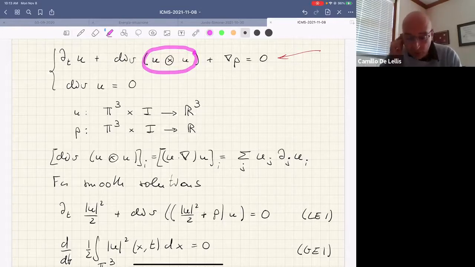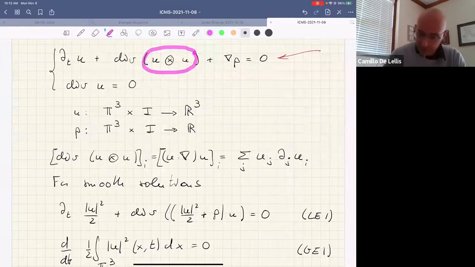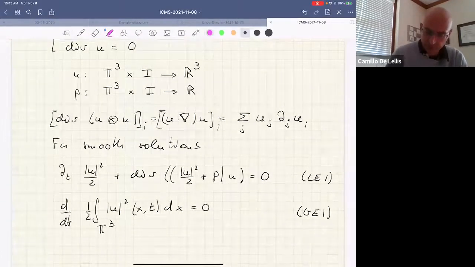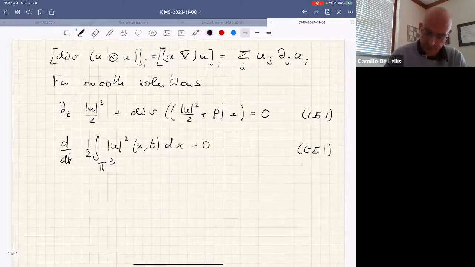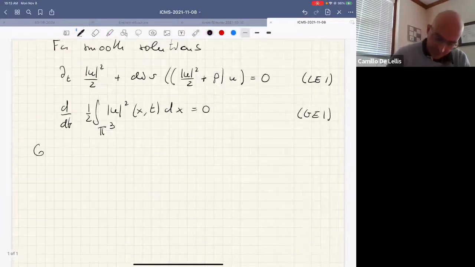Then I can take the divergence in the sense of distributions, and in all the other occurrences of the unknowns the equation is linear, so solutions in the sense of distributions are well defined. So in this talk, we consider distributional solutions.